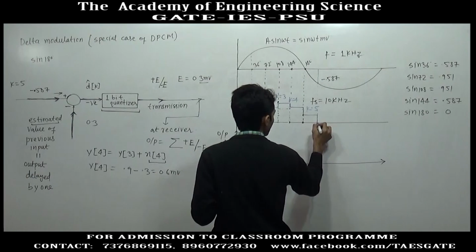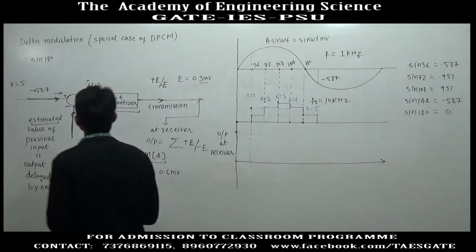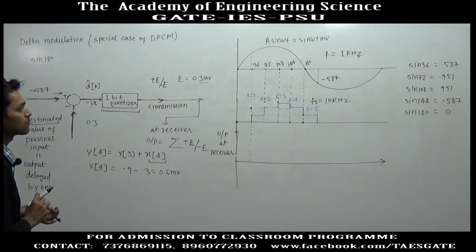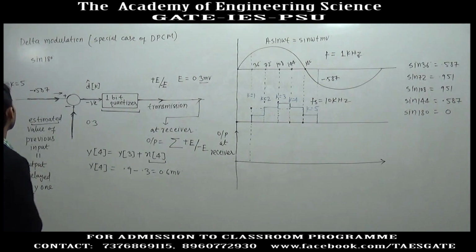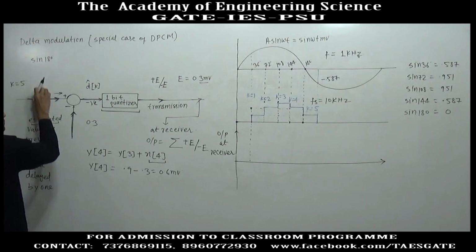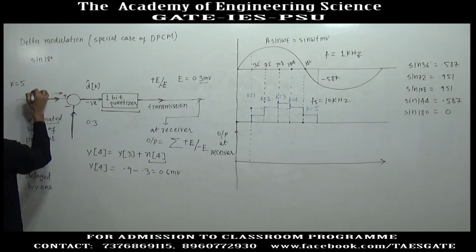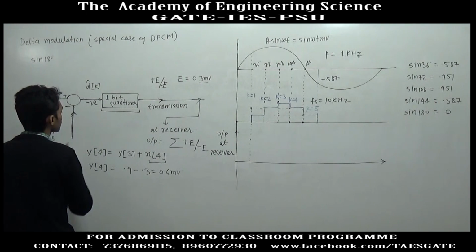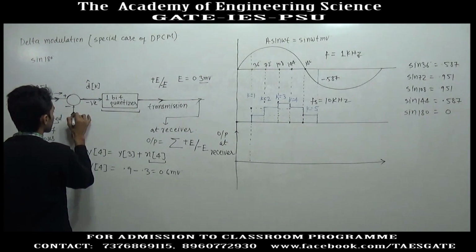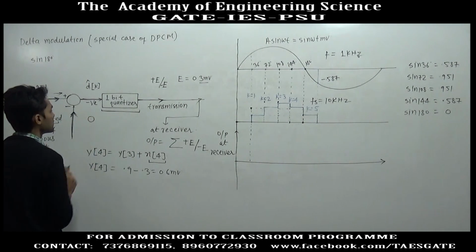Now, at this point the output is 0 and the next input is 0.951. The next input is 0.951 minus 0.951, and here the signal will be 0.